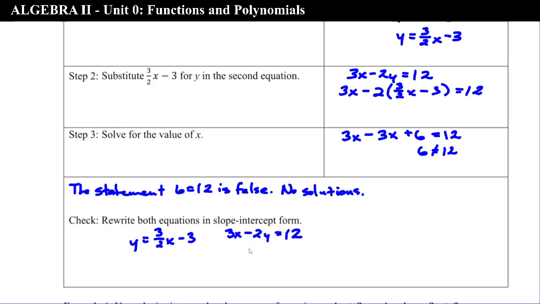Well, let's solve this one for y. So you have minus 2y equals -3x plus 12. And then y equals 3/2 x, because we're dividing by -2 now, minus 12 divided by -2 gives you -6.